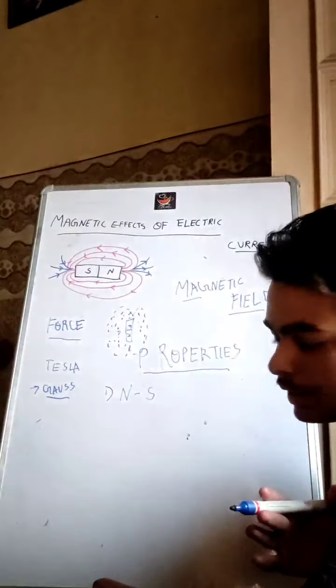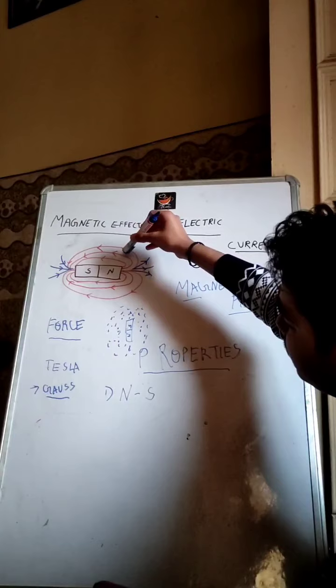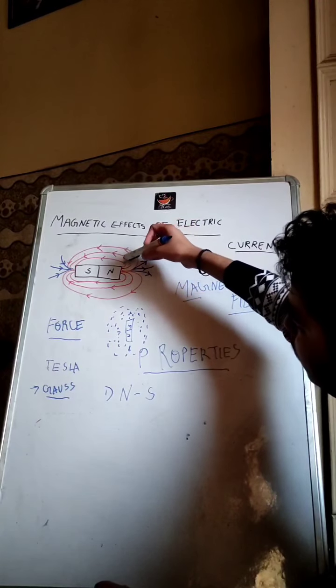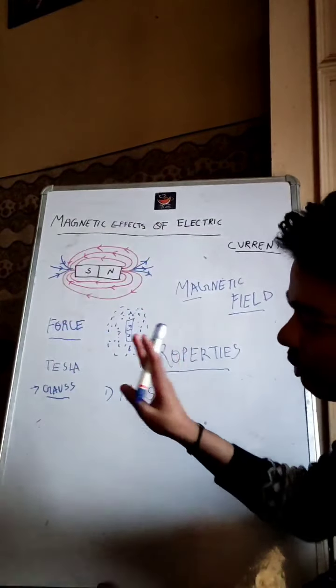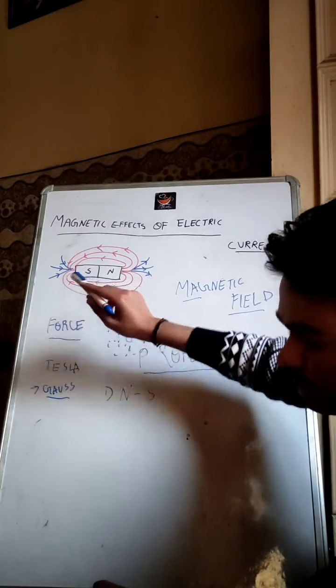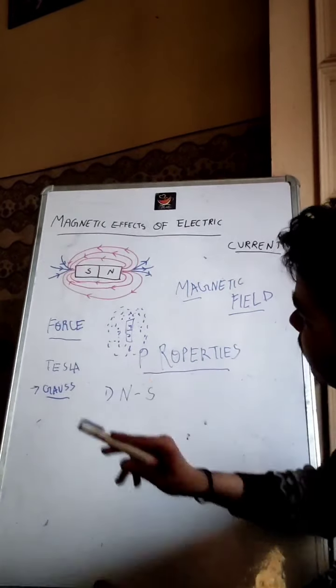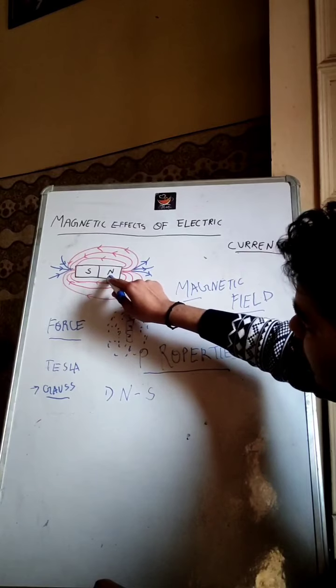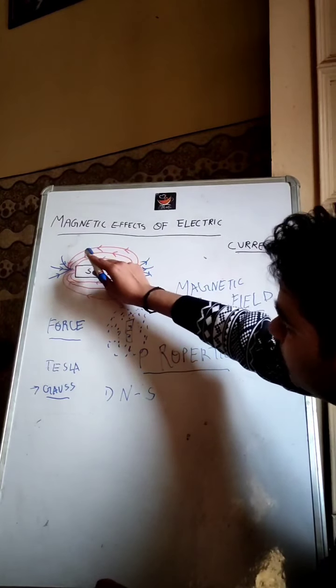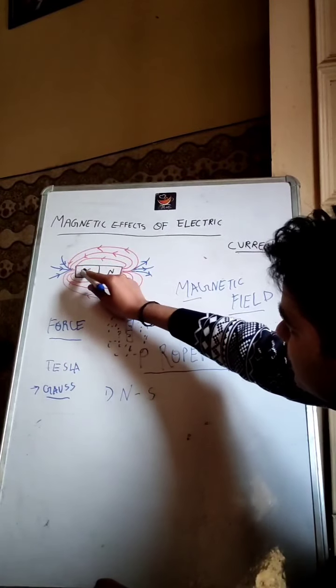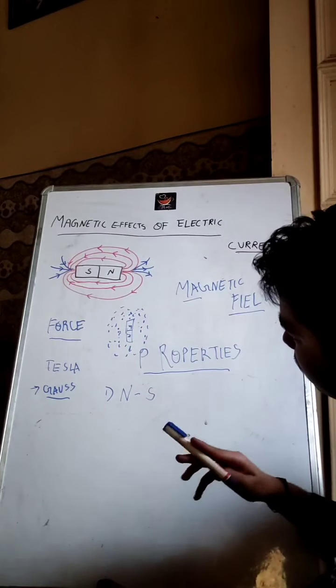As you can see, I have drawn arrowheads over the lines. This means the magnetic field lines of every magnet emerge from the north pole, follow a certain path, and get merged at the south pole.